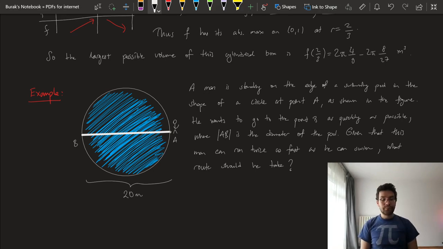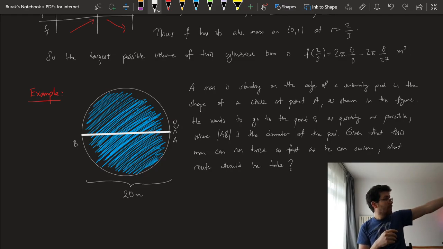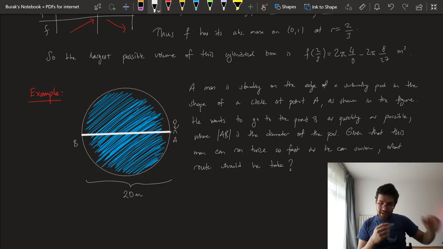Okay, so we have a swimming pool with a man standing on the edge, and he wants to go to the opposite side, and he can run twice as fast as he can swim. Okay, and he wants to go there as quickly as possible. What route should he take?